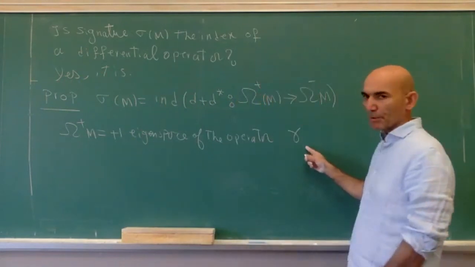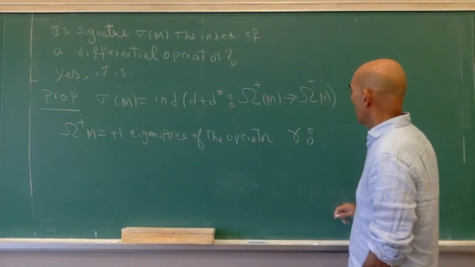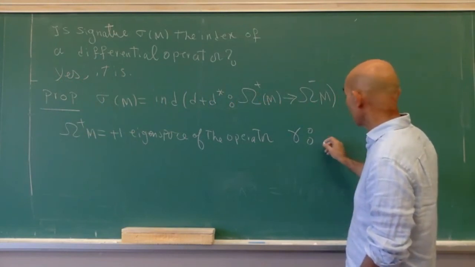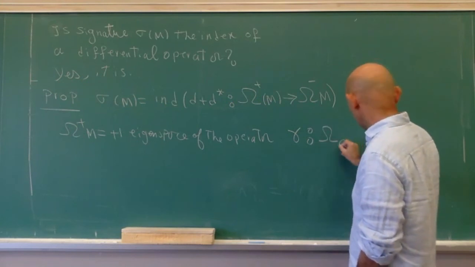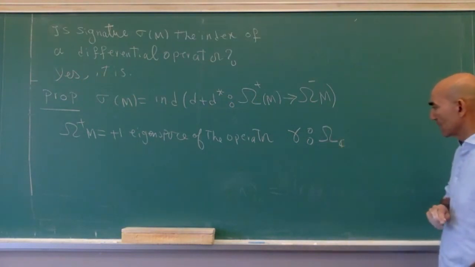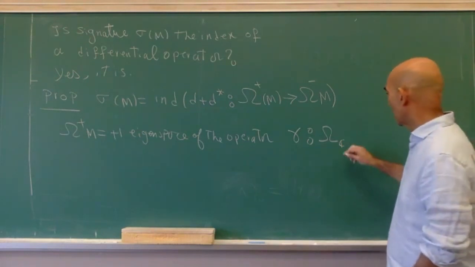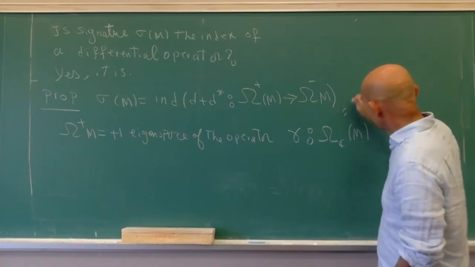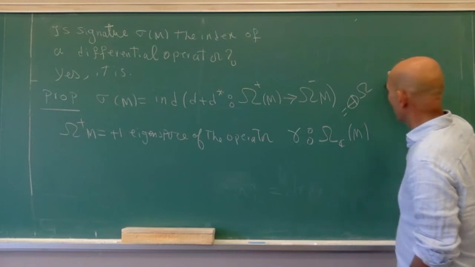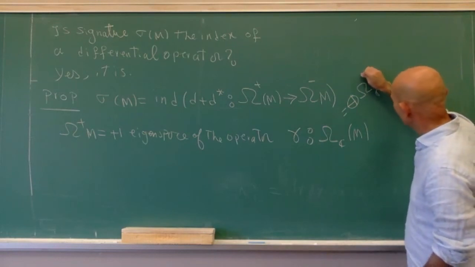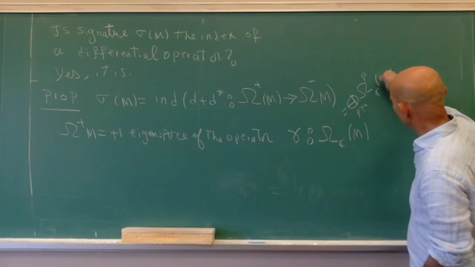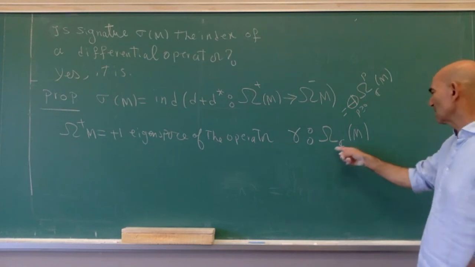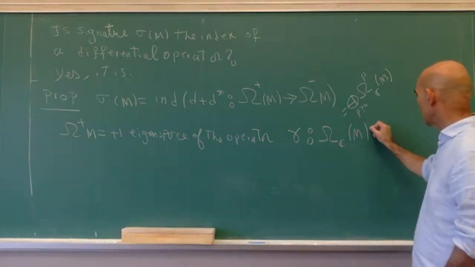So I'm going to define an operator gamma that goes from this space omega. It is very important to use complex valued forms. So this is really the direct sum of all complex valued forms of degree p greater than or equal to 0 on M. I just denoted it by omega, but it is omega C, the notation we used before, to itself.